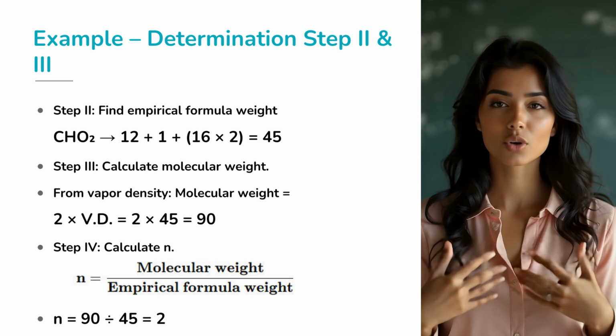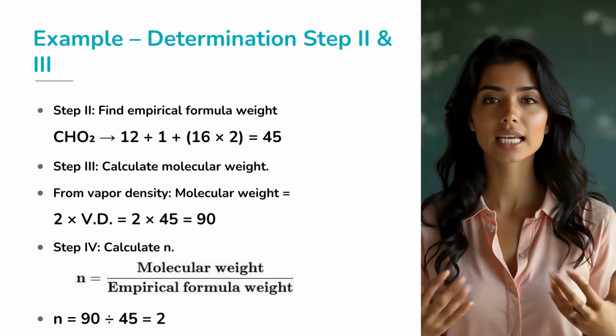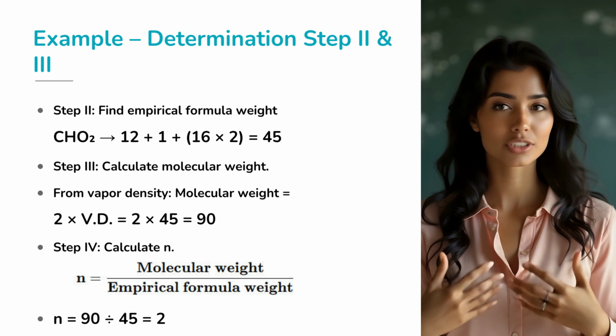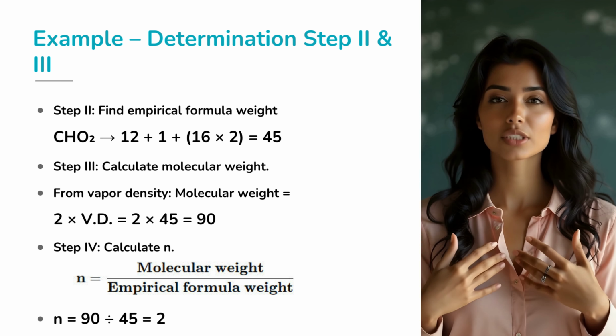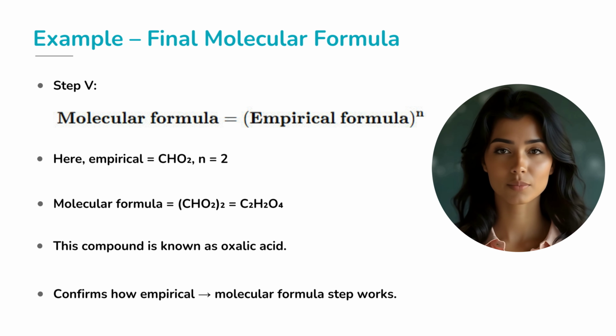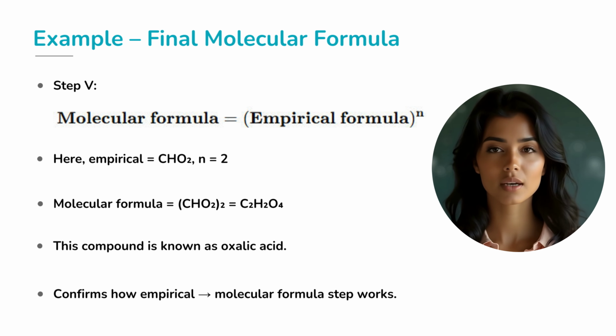So 2 times 45 equals 90. Step 4. Calculate n. Molecular weight divided by empirical weight equals 90 divided by 45, which is 2, so n equals 2. Now the last step, molecular formula equals empirical formula raised to n. That means molecular formula equals CHO₂ to the power of 2, which becomes C₂H₂O₄.